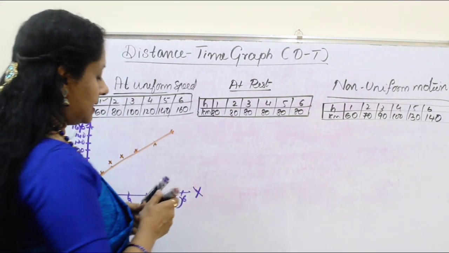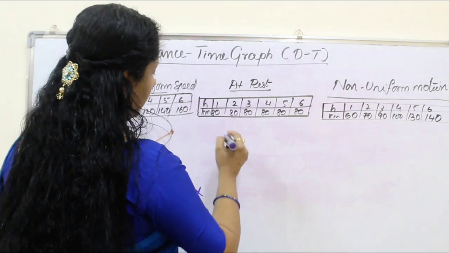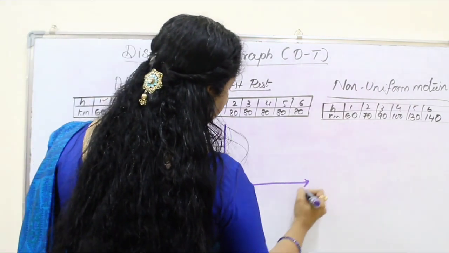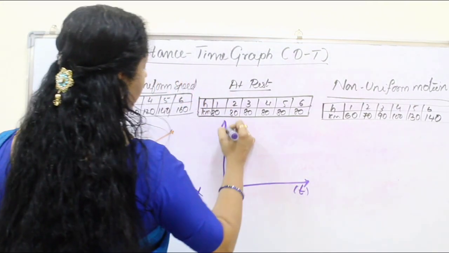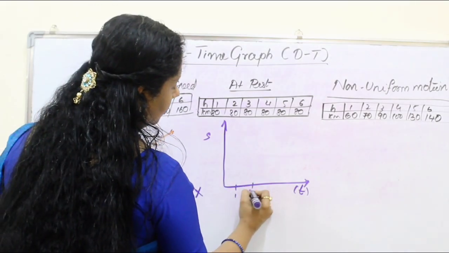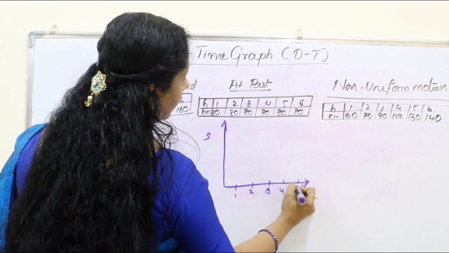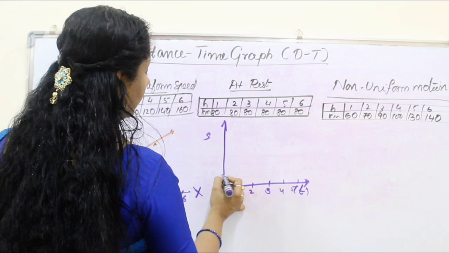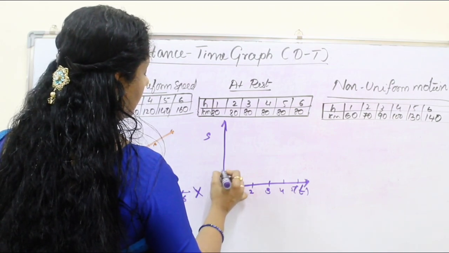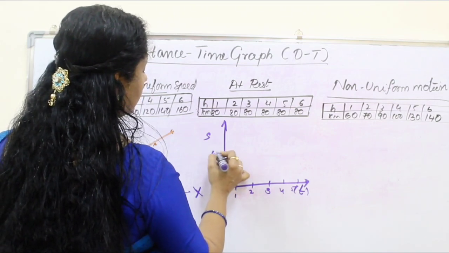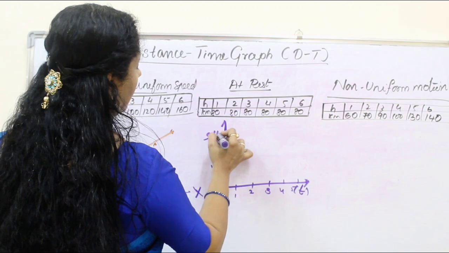Now next case, the body is at rest. Again time is taken on the x-axis, and on the y-axis we are taking distance. 1, 2, 3, 4, 5, 6. Here 20, 40, 60, 80, 100.